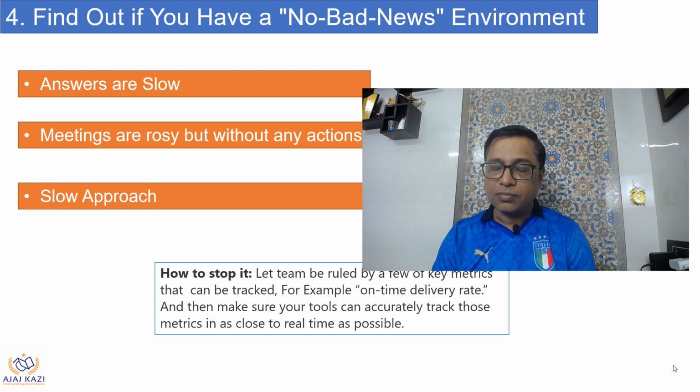Let the team be ruled by a few key metrics that you can track. If you have so many metrics to measure the performance of your team, it is very difficult to track. Hence, on-time delivery is one of those key metrics which you can track, and a few others you can add so that it is easy for you to track. So this is the fourth signal.